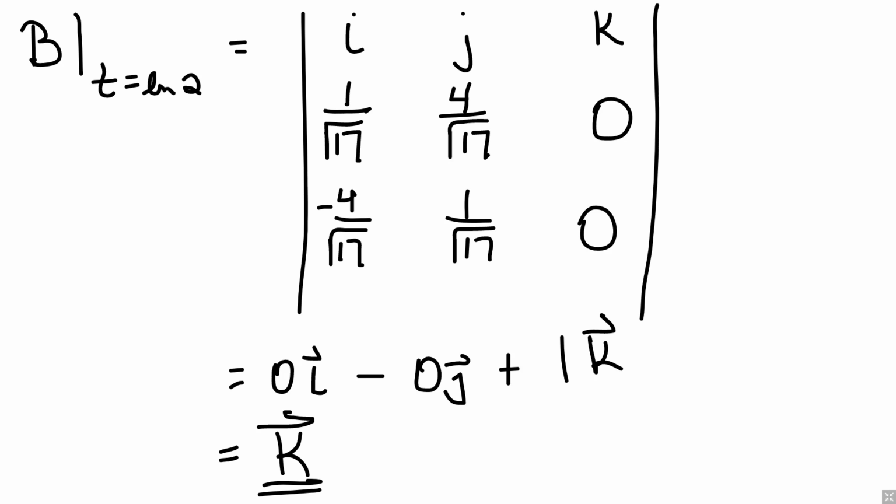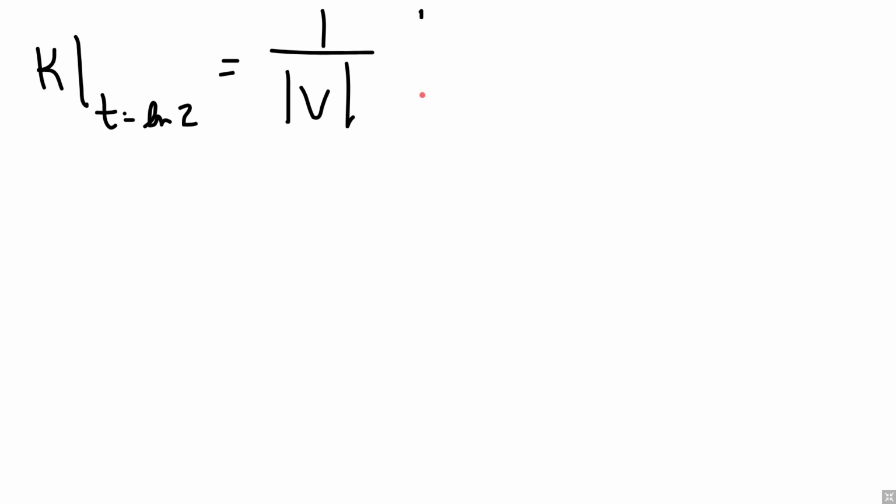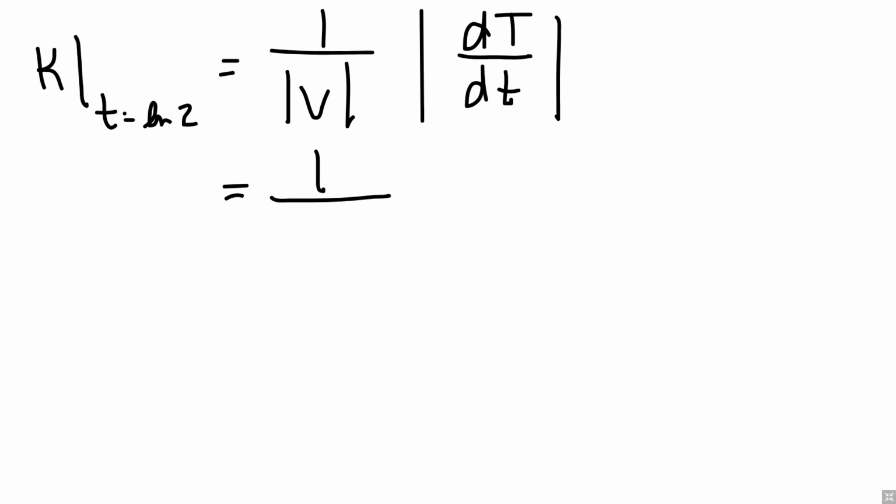Okay, so next we need to find curvature. Again, it's kappa when t is equal to the natural log of 2. We're going to take 1 over the magnitude of the velocity times the magnitude of the derivative of the unit tangent. What did we say the magnitude of the velocity was at the natural log of 2? Root 17.